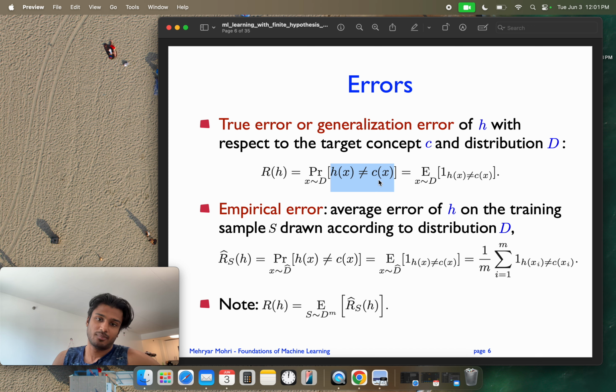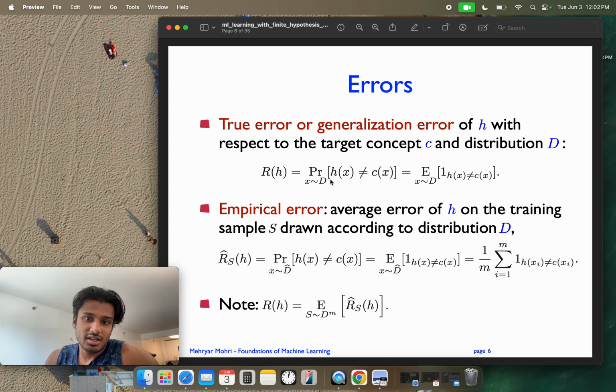So the probability that if I draw any x from this distribution D, h of x will not be equal to c of x, the real value, is the error that I'm making. This is the expectation of the 0-1 error, that h of x is not equal to c of x. Basically, it's the expectation of the indicator variable when they are different, and that is equal to the probability that they are different. That's the risk of the hypothesis.